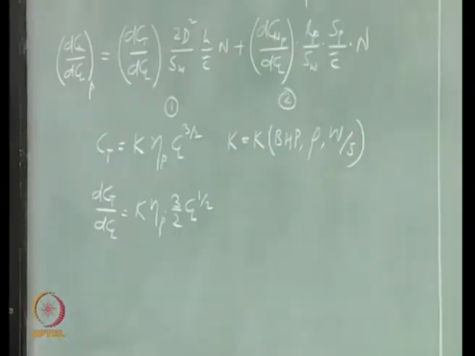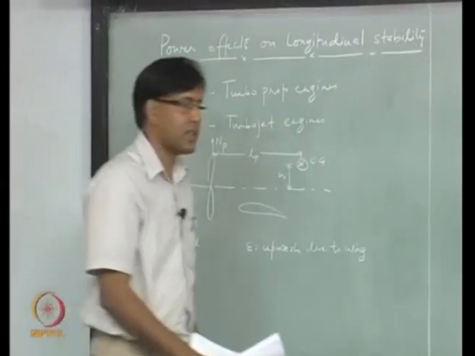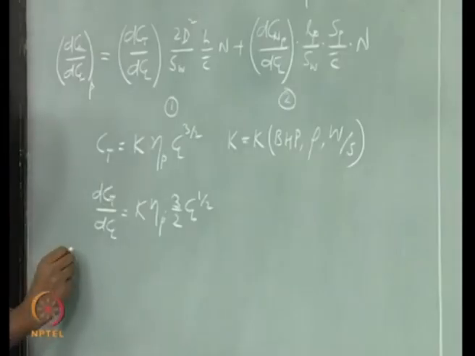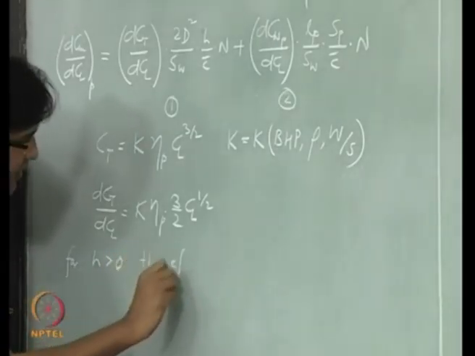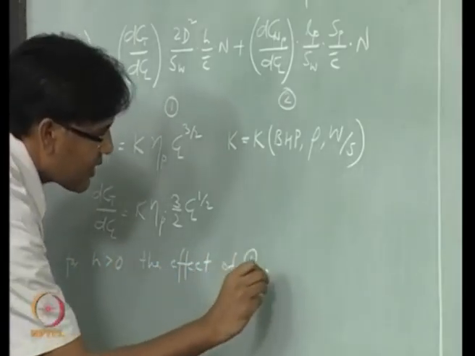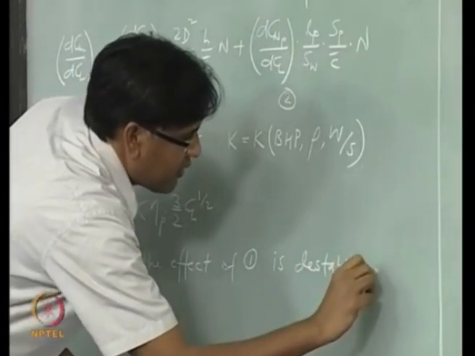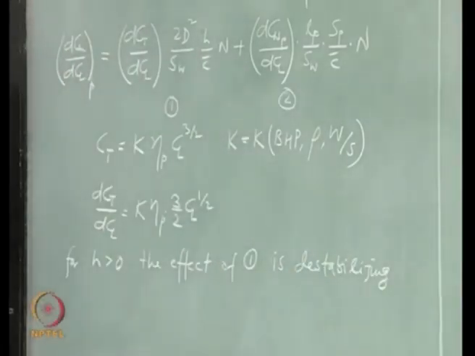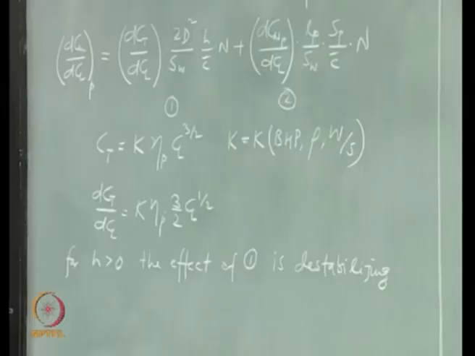Right. If this thrust line is lying above CG, then it is going to have a stabilizing effect, right. So for h, right, you can choose your h for getting more or less stability, right.